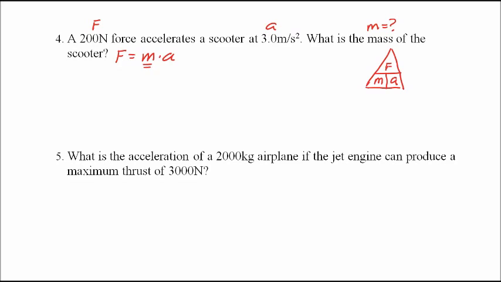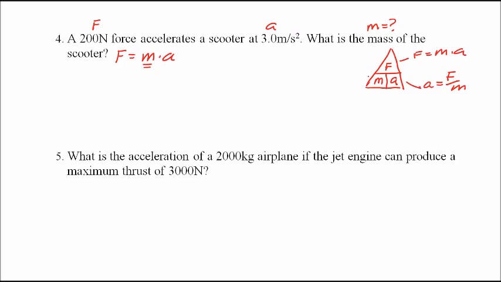If we want to know what the equation is for force, it's right here. Force equals mass times acceleration. If we want to find acceleration, acceleration is equal to force divided by mass. Right there.